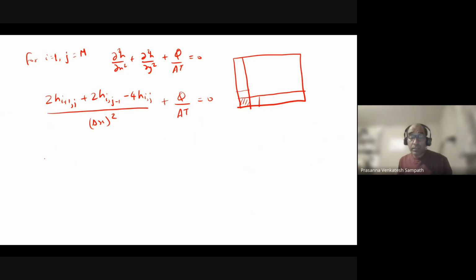Right, so when I rearrange this, I will get h at i comma j, putting this to the right hand side, equal to 2h i plus 1 comma j plus 2h i comma j minus 1 plus q into delta x square divided by a t, the whole thing divided by 4.